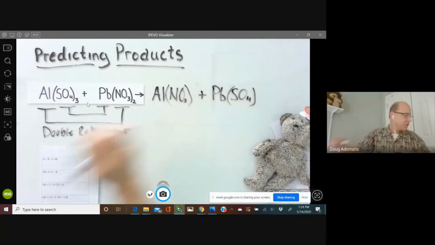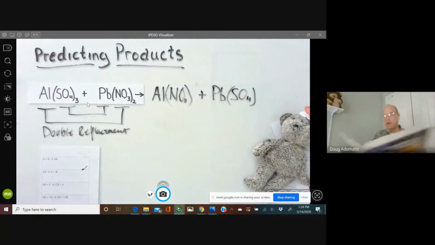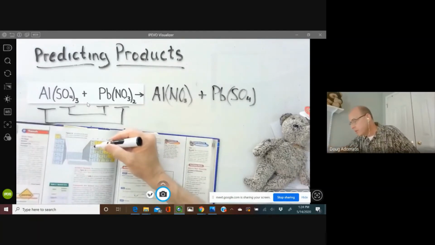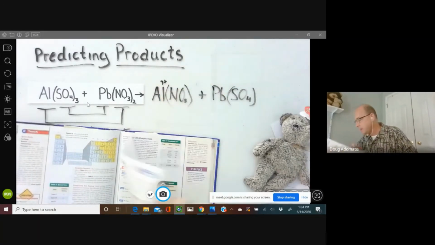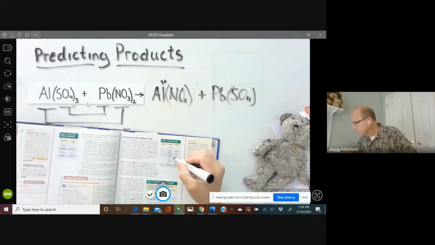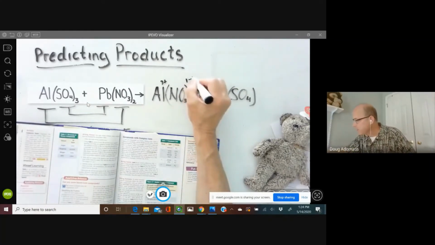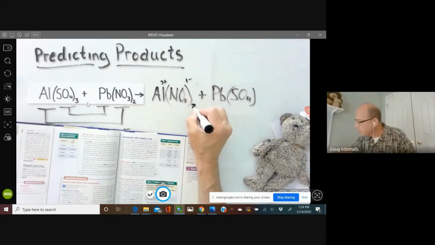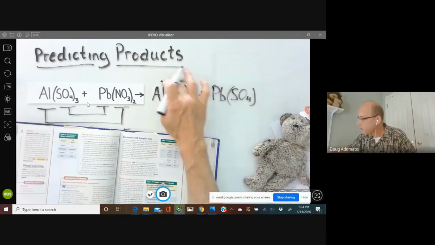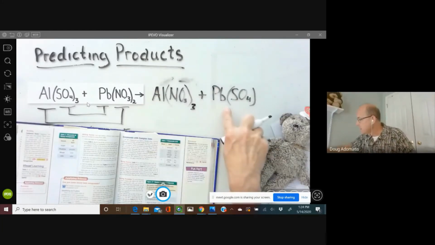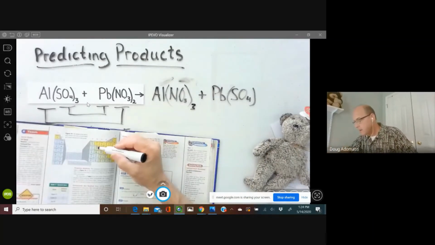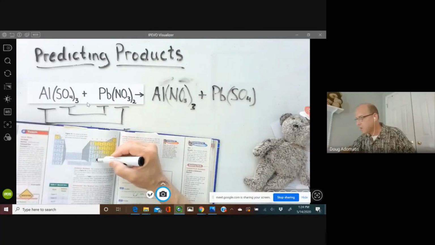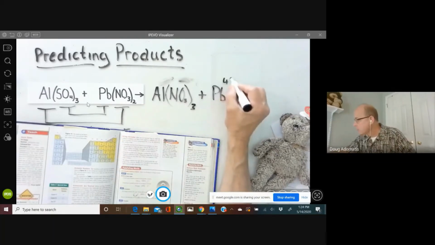Oh, gosh. So you're going to have to say, okay, aluminum is a 3 plus, and nitrate is a 1 minus. So you're going to have 3 of those to match up with aluminum. And then lead is a 4 plus. Wow.